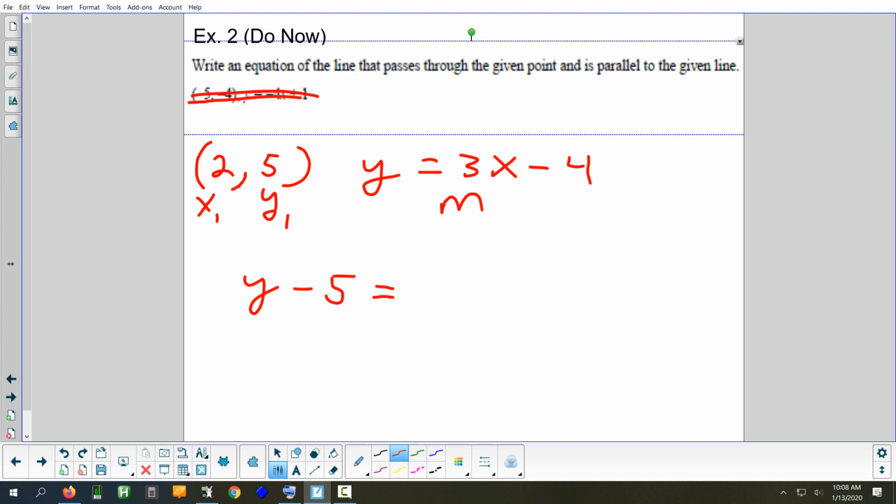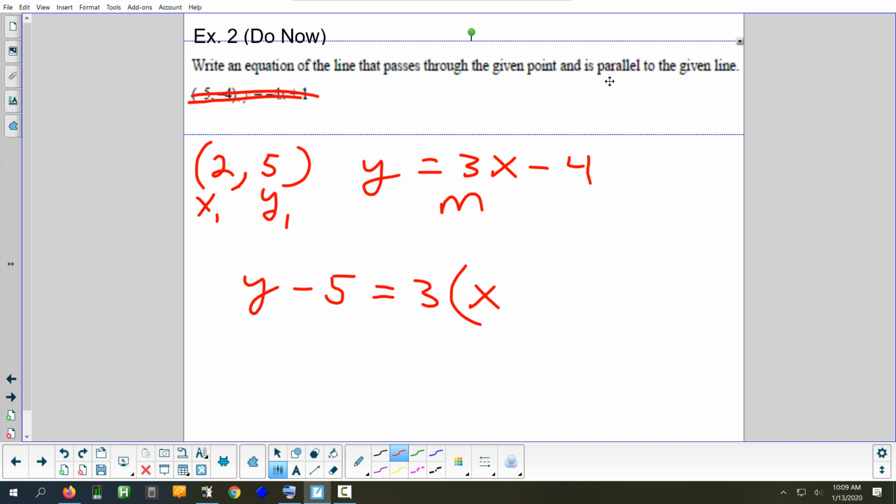Now, I thought we talked about flipping it and making the opposite. Why am I not flipping it and making it the opposite? Because it's parallel. With parallel, you just keep it exactly the same. 3. All right. Kayla, what comes after the 3? The x, and now what goes between the 3 and the x? We got to put the parenthesis. Always put that parenthesis.